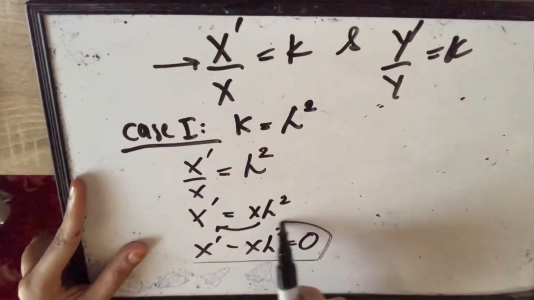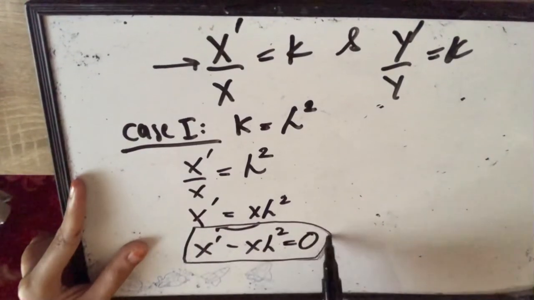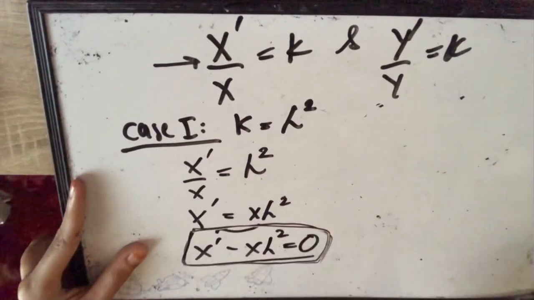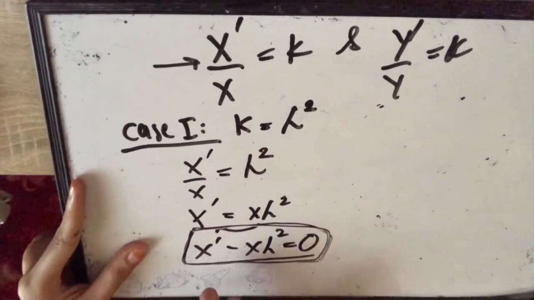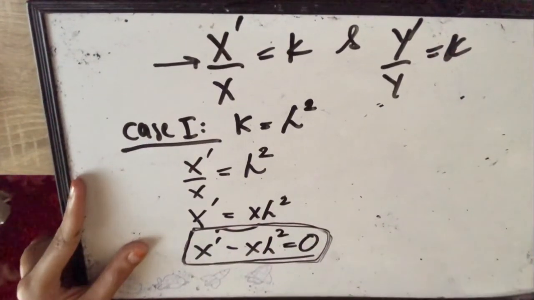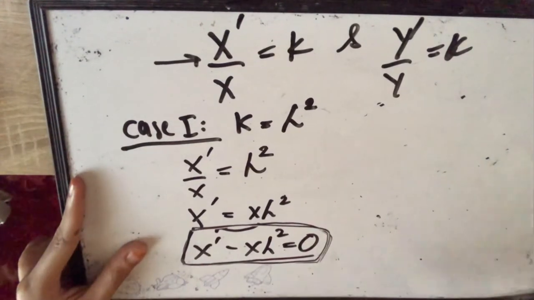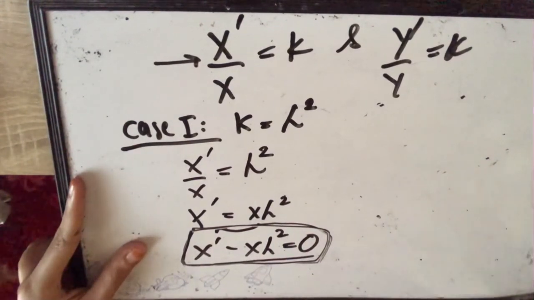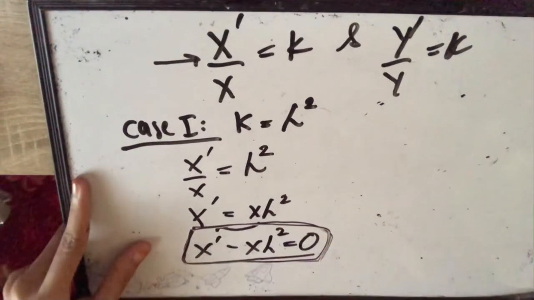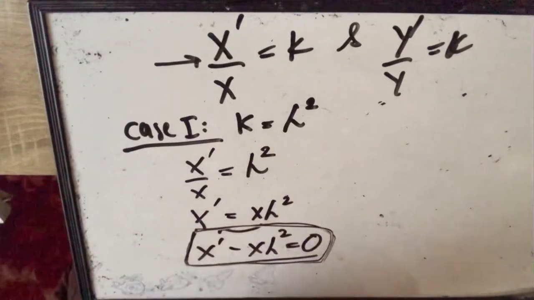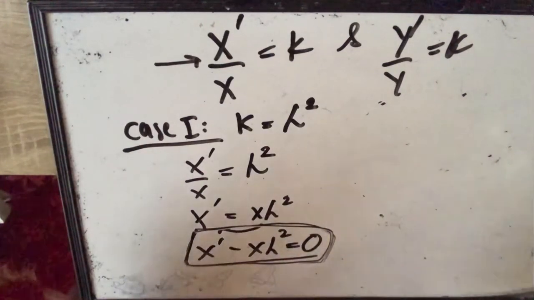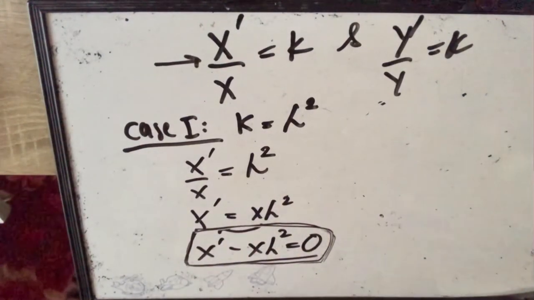So how to solve this one? It's actually an ODE now. It's not a PDE anymore, because there is only one variable, X. I hope you all still remember how to solve the ODE. You can refer back to chapter number 2 and check whether it is homogeneous or non-homogeneous. If homogeneous, you have 3 main cases: real repeated, real distinct, or complex conjugate. I don't want to explain more on this because you already learned it.